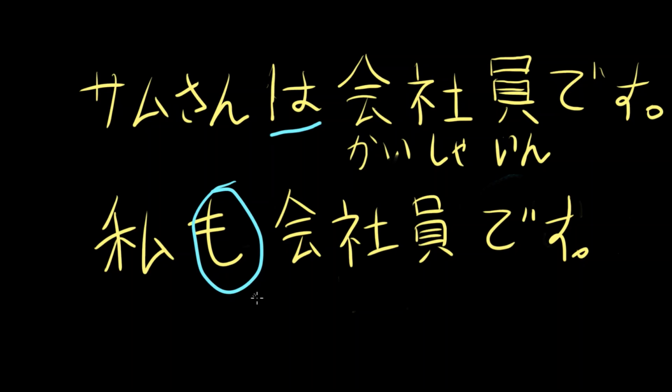So も is just used to mean as well or too. So before we said, リーさんは中国人です。What if we want to say, Miss Yang is Chinese too?